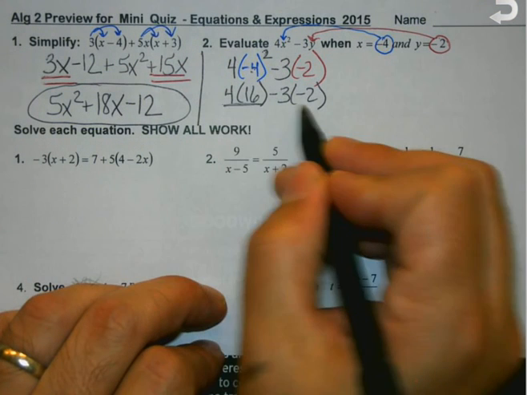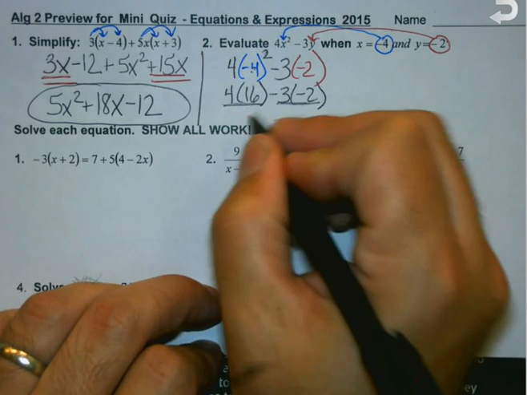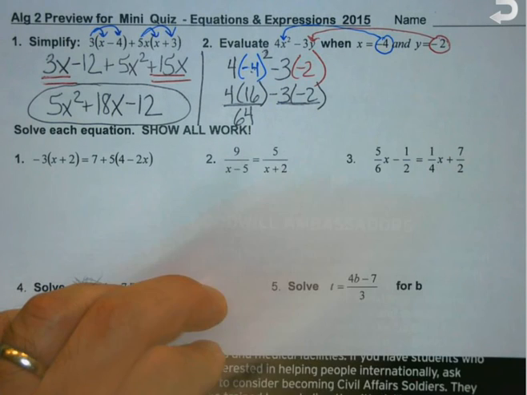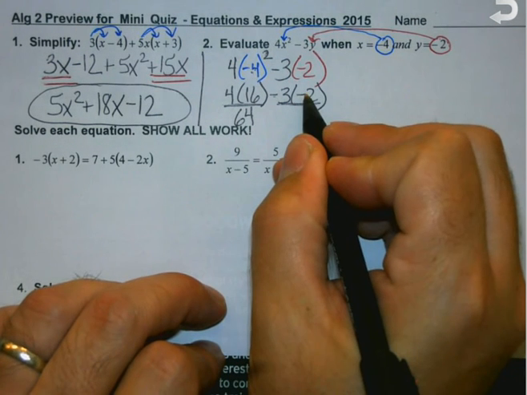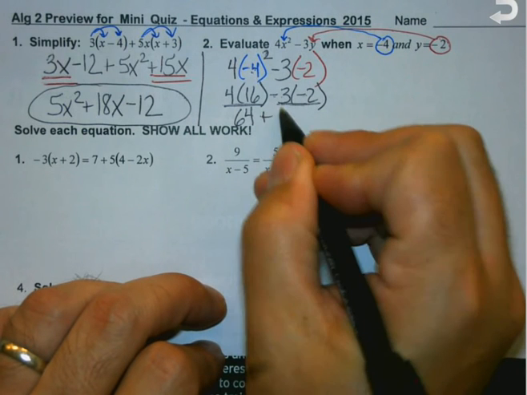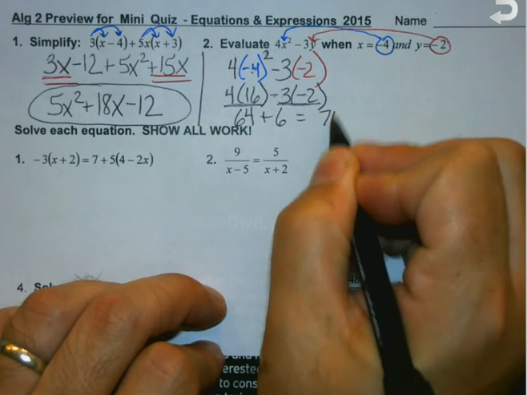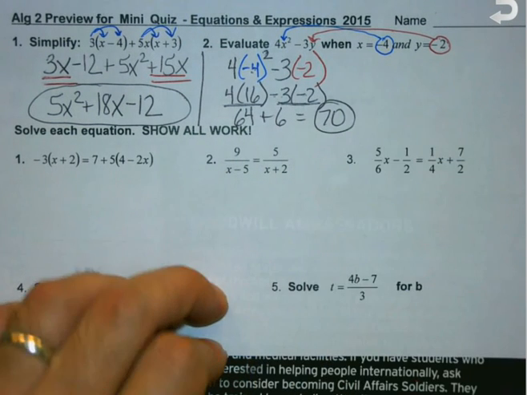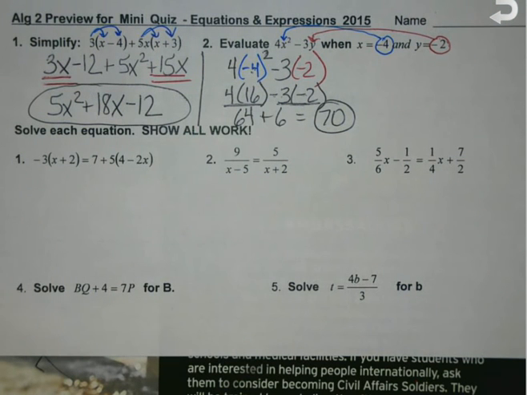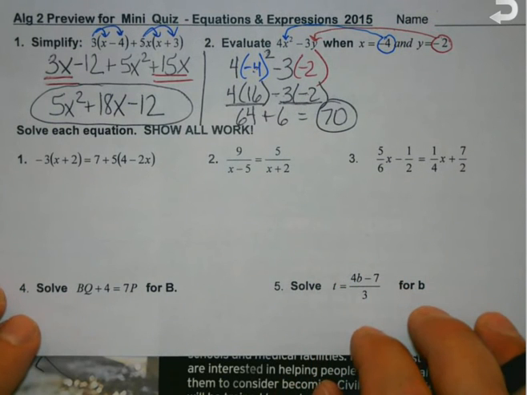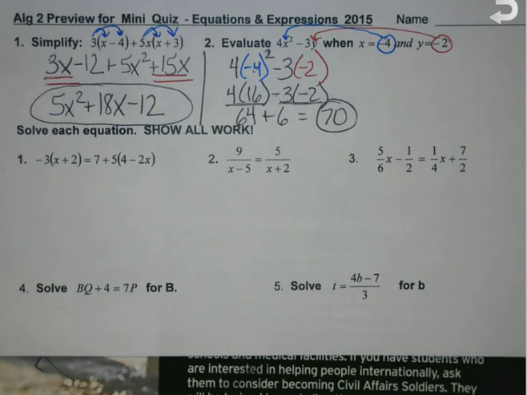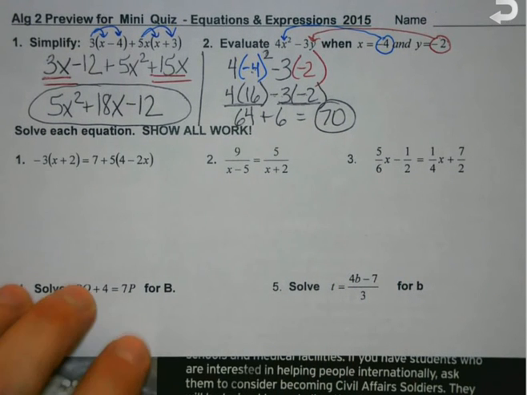Here, the multiplying would come next. 16 times 4 is 64. Negative times negative. Negative times negative is positive. And then I can finish it off. So again, the biggest part of this first quiz is going to be detail work, because a lot of this is stuff you've done before. It's just making sure we're set.